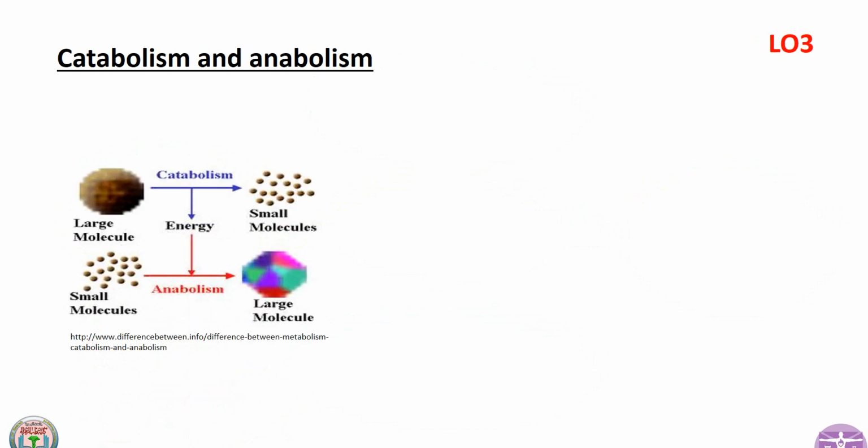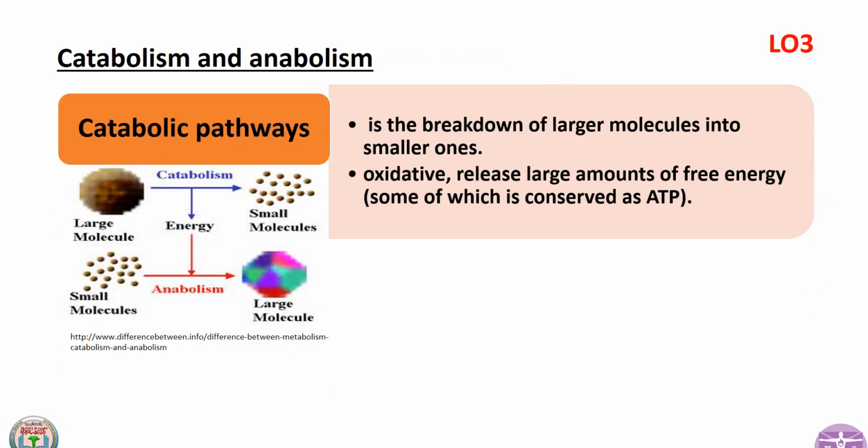The metabolism is of two types, either catabolism or anabolism. The catabolic pathway is the breakdown of large molecules into small ones. It is oxidative and releases a large amount of free energy. Some of this energy is conserved as ATP.